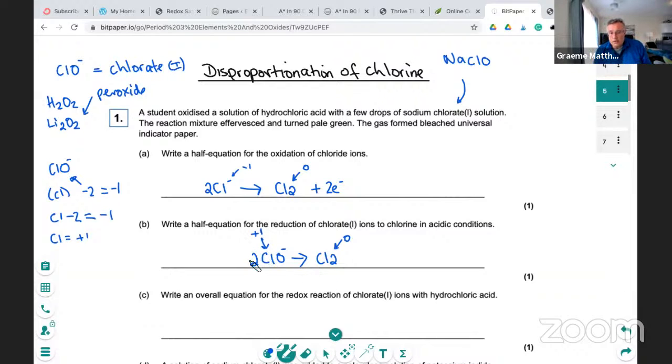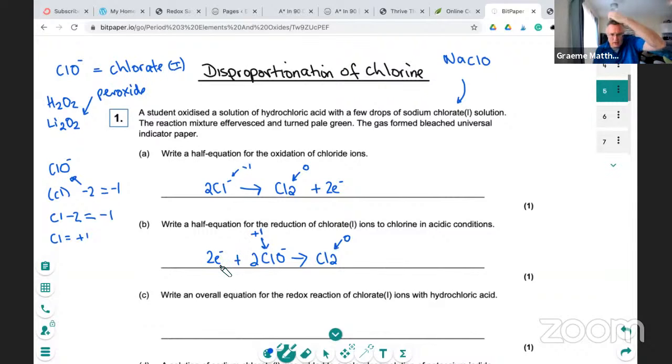Two is two positives, right? So two positive on the left goes down to 0 on the right, which means it must add 2 electrons on the left-hand side. There's my change in oxidation state. It went from 2 positives down to 0, balanced, adding 2 electrons.